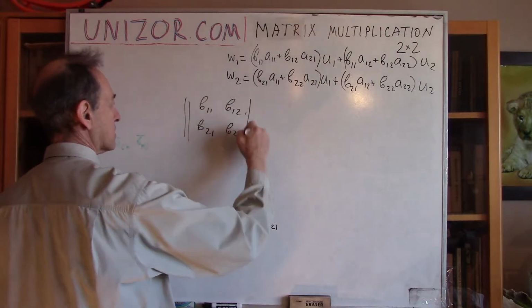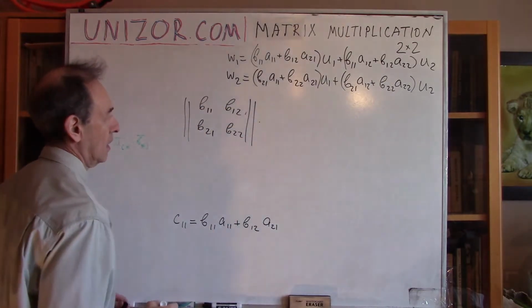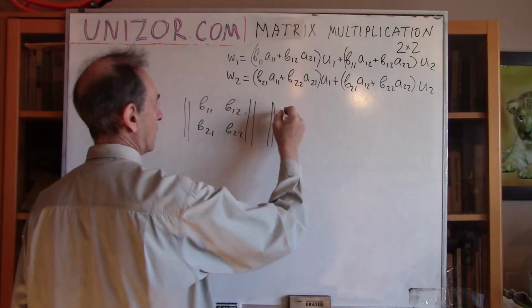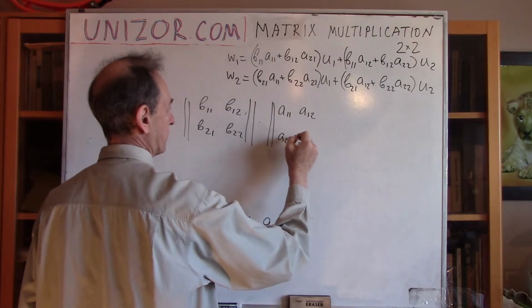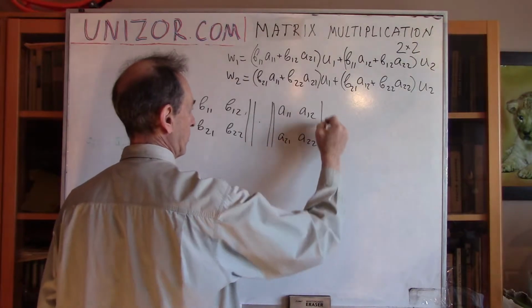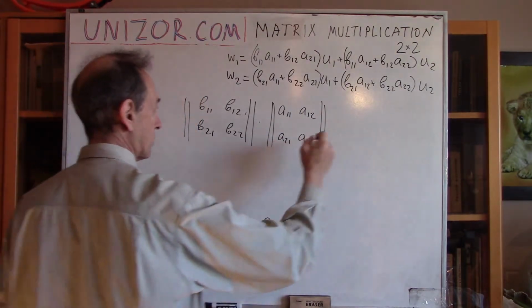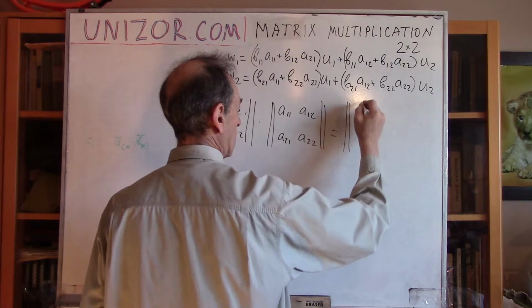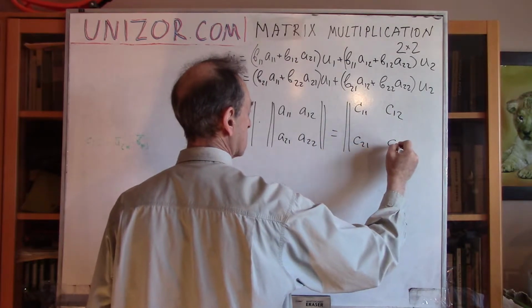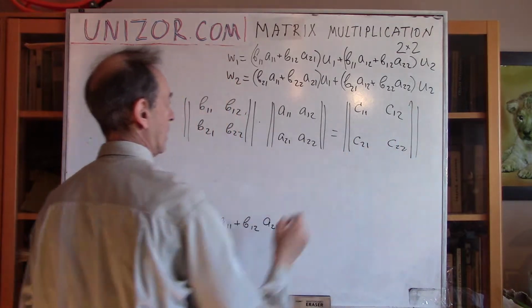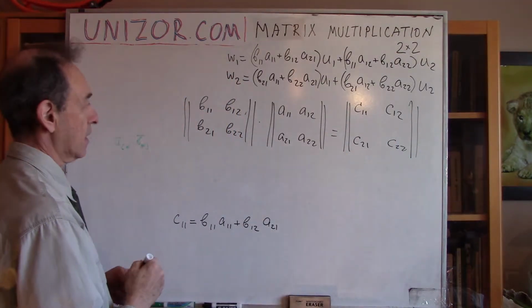This is my matrix B, and I'm multiplying it by matrix A, and I'm getting C11, C12, C21, C22. Right?